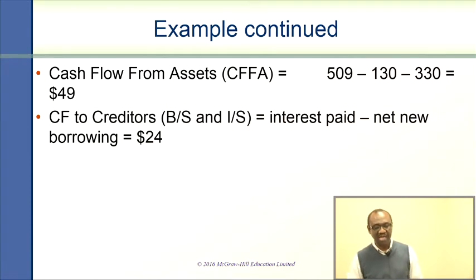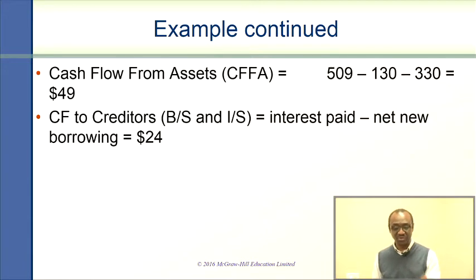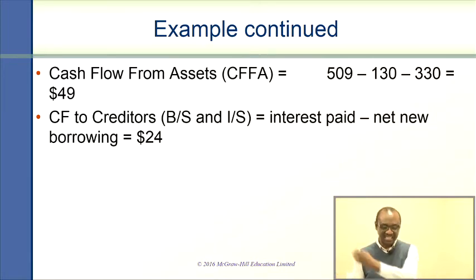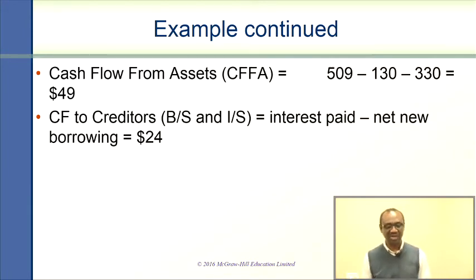Also, just to do more reconciliation, we have cash flow to creditors, equally a balance sheet and income statement item, which is the interest paid minus the net new borrowing. We find the difference between the long-term debt last year compared with the long-term debt for this year, and that's how we got the $24 right there.